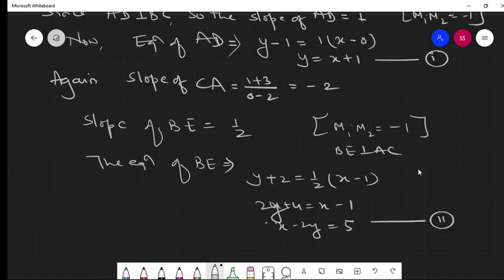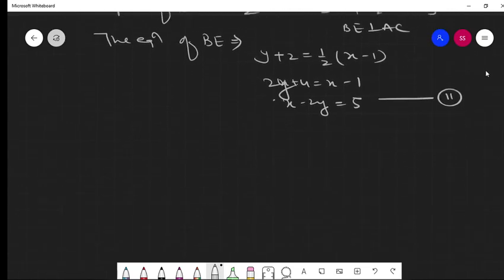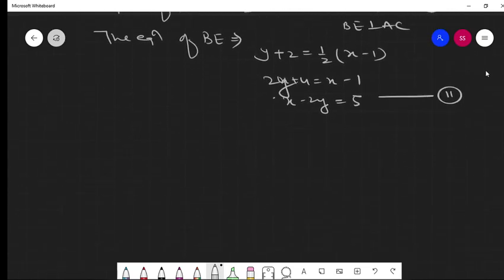We find the equation of BE and we find the equation of AD.